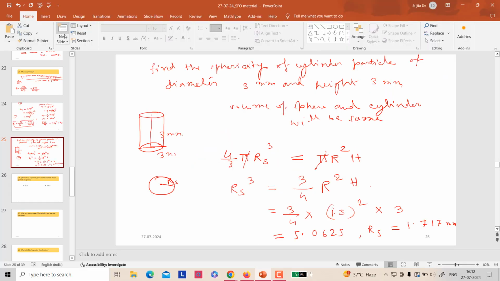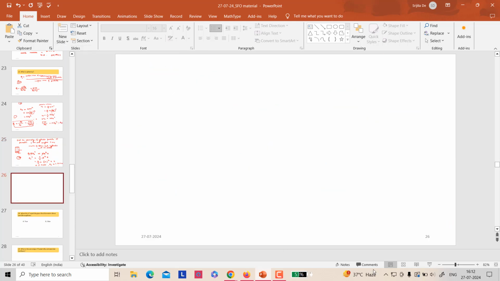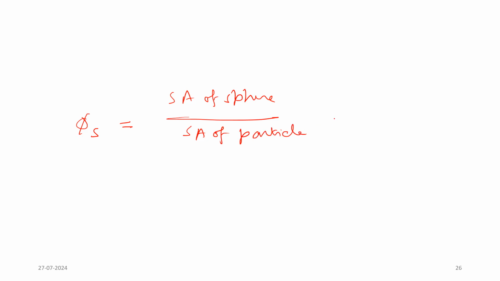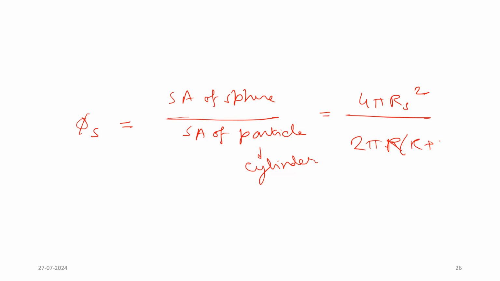Now we know the radius of the sphere also. So now as per the definition, what is the surface area of the sphere divided by the surface area of the particle? The surface area of sphere is 4 pi rs square, divided by the surface area of our particle, which is a cylinder: 2 pi r into (r plus h).